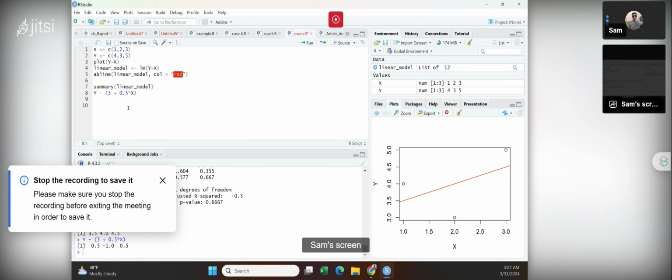Then you have to square them, to get rid of the negative signs, and then you sum it, okay? And what you receive is 1.5, okay? So this is basically the sum of squared residuals.